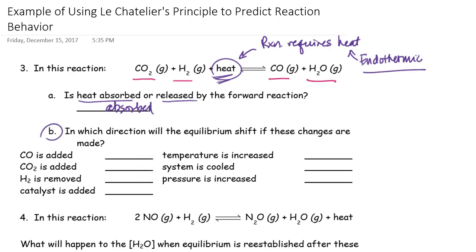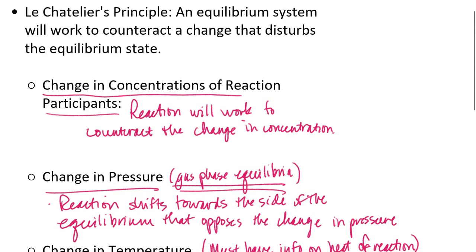Now, in part B, we're going to apply those postulates of Le Chatelier's principle that I provided in the previous slide. They're asking which direction the equilibrium will shift if carbon monoxide is added. Carbon monoxide is on the product side, so according to Le Chatelier's principle, the reaction is going to work to counteract whatever change in concentration I provoked.